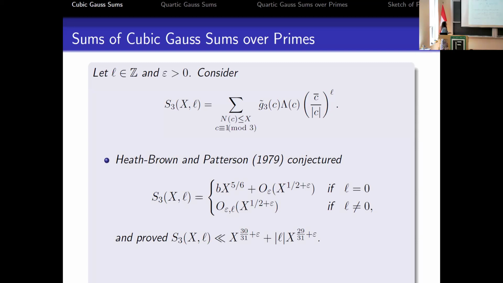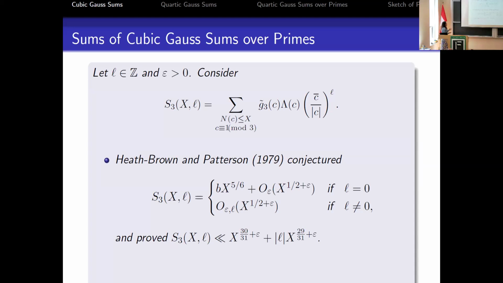They made the refined conjecture that this sum is actually asymptotic to some constant that they gave explicitly, I just didn't write it down here, times x to the 5 over 6 plus big O of x to the 1/2 if L is 0, and big O of x to the 1/2 plus epsilon if L is non-zero.